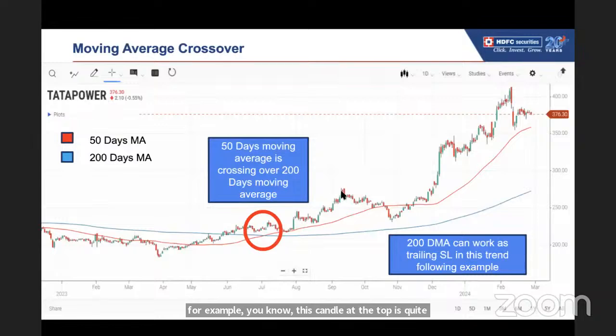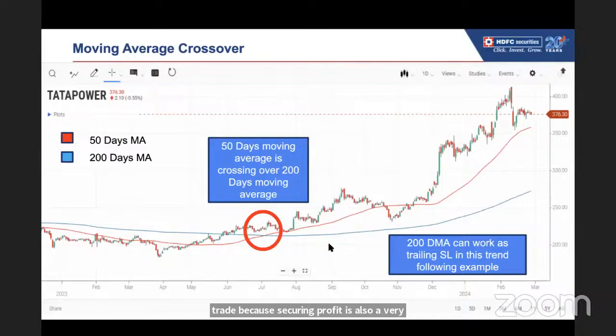Okay, so probably here it would have been a good exit point. उसके बाद अगर आप देखोगे यहाँ से प्राइस नीचे भी आया है. Okay, so this is how we should always try to seek the clues based on various things whenever we are into a trade, because securing profit is also a very important point.